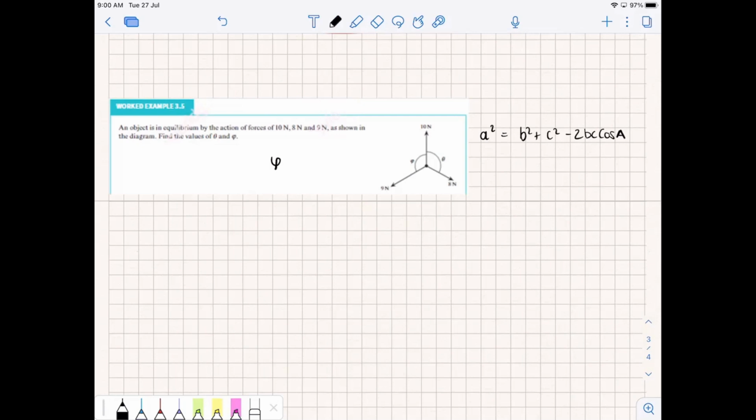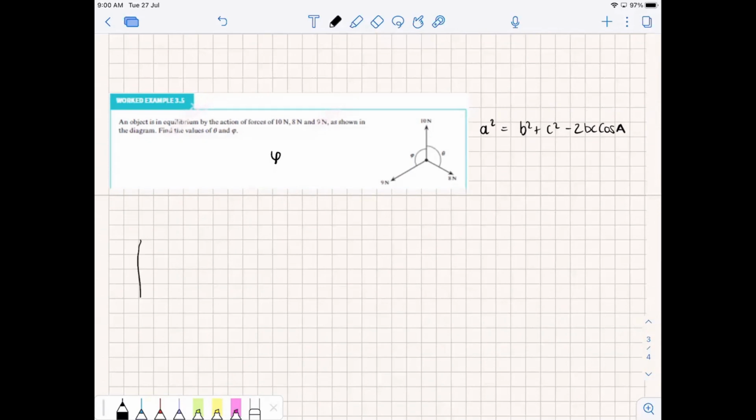So the first thing we can do is quickly turn these forces into a simple triangle, to help better understand. Here's my 10 newtons force. I'm going to guesstimate, let's make that a little bit longer.